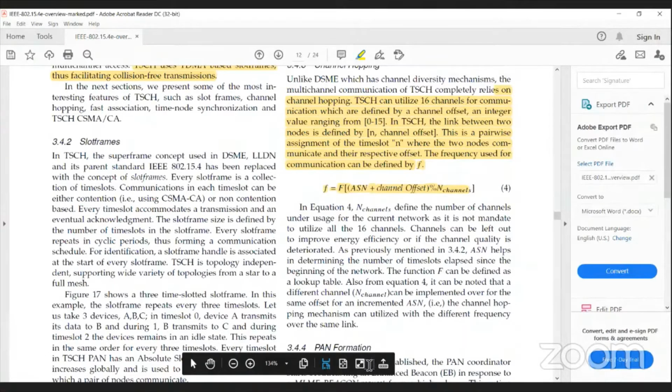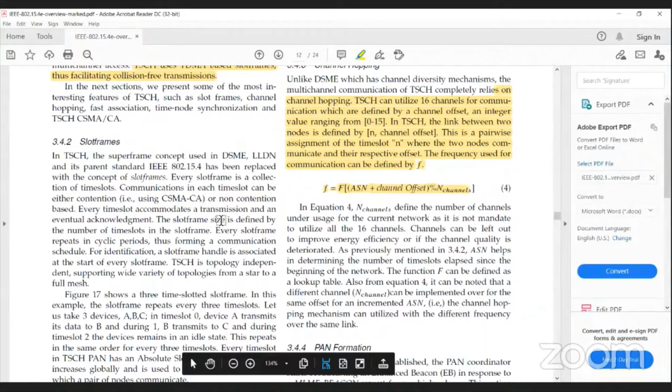It's from the time the system switched on, it is just counting upwards, and that's I think what they wrote here. Slots, communications, and all that. Every time slot accommodates a transmission and an eventual acknowledgement.